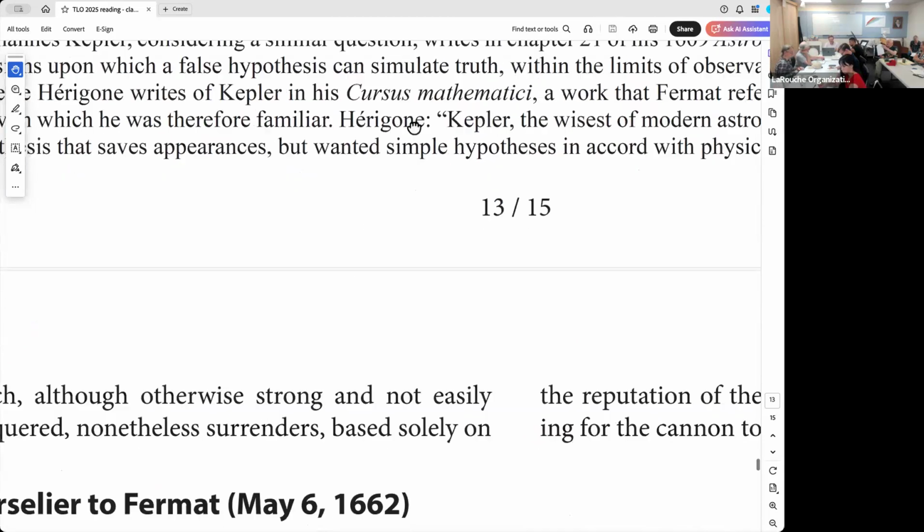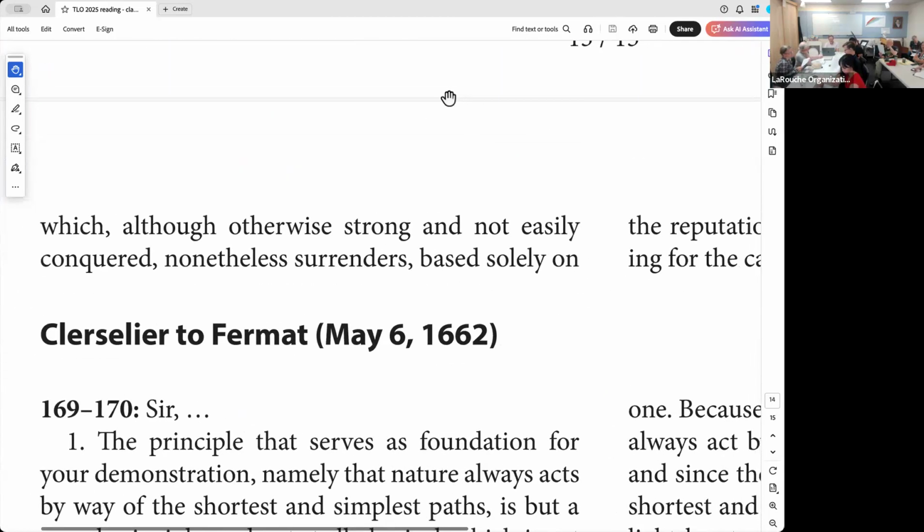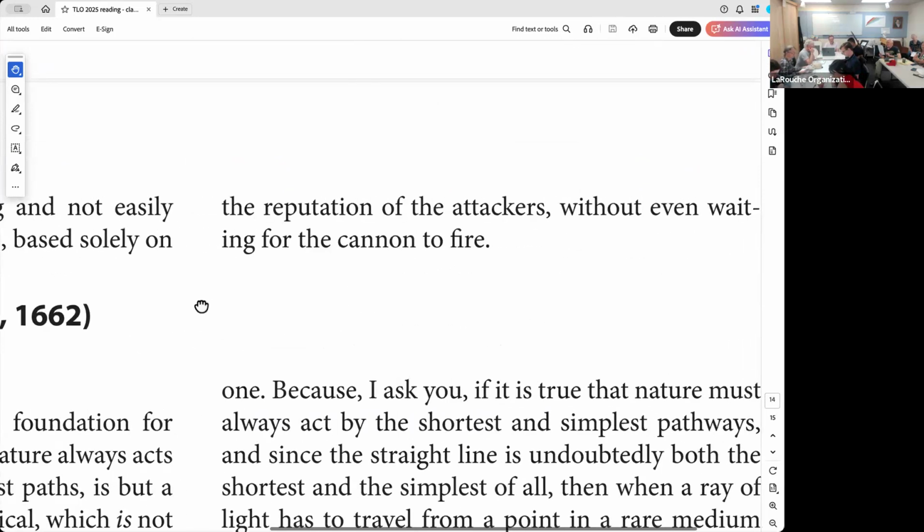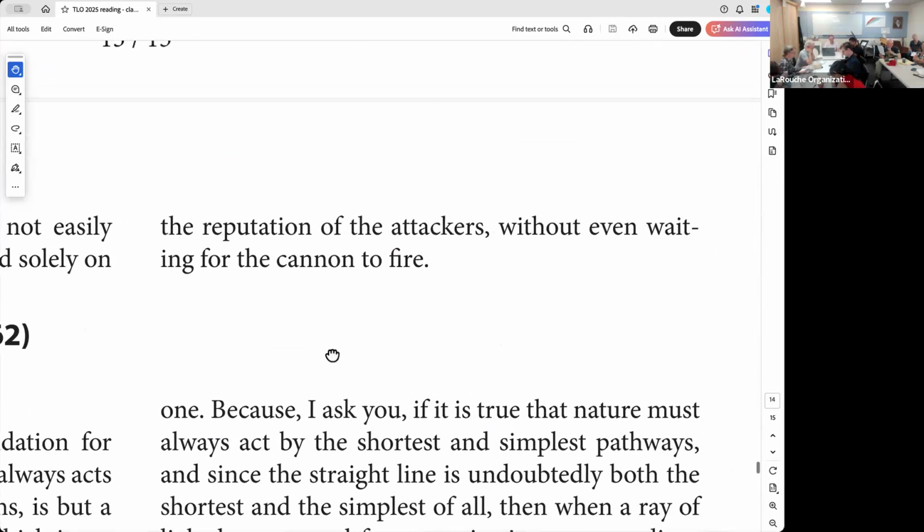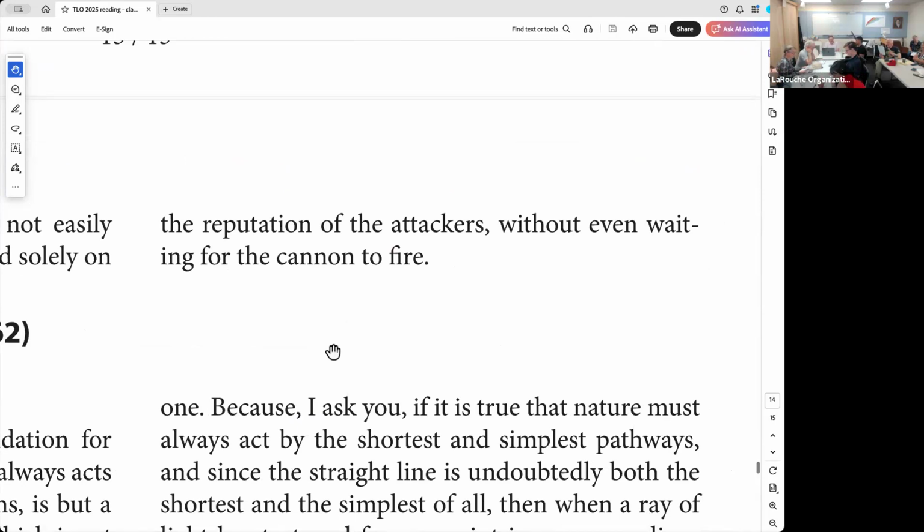Like a fortified location, which, although otherwise strong and not easily conquered, nonetheless surrenders based solely on the reputation of the attackers, without even waiting for the cannon to fire. So that was supposedly a compliment to Descartes.